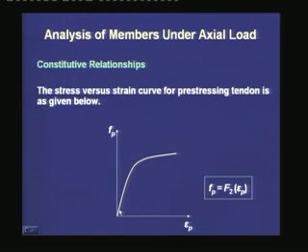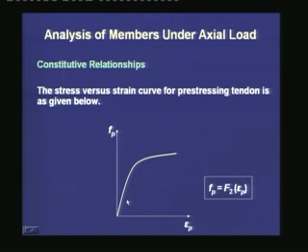Now, the variation of Fp with respect to epsilon p can be given in the form of a curve on graph paper, or in the form of a table, or we can try to fit some equation for the different regions of the strain.